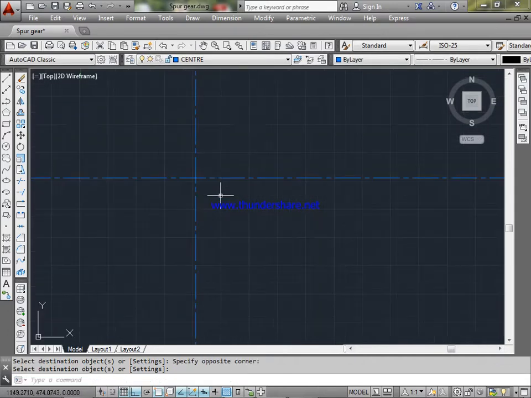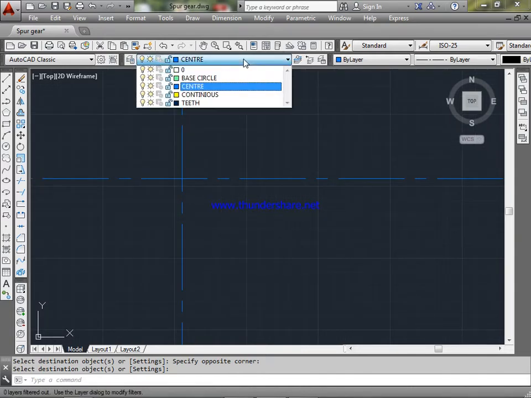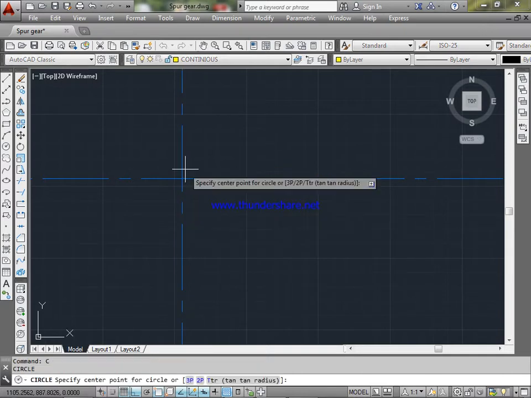Okay, two axis lines horizontally and vertically, and this is the center point. From the center point, draw the pitch circle.